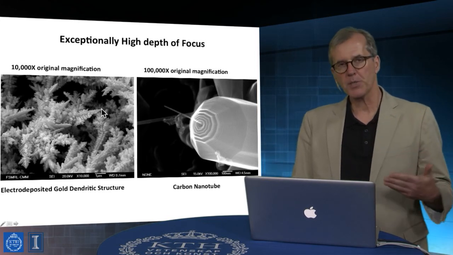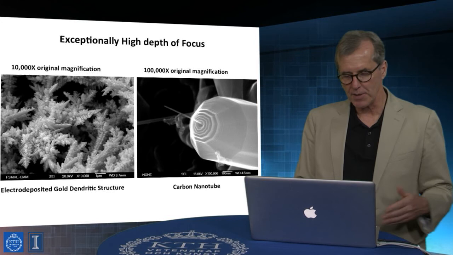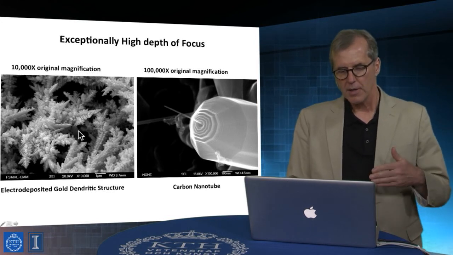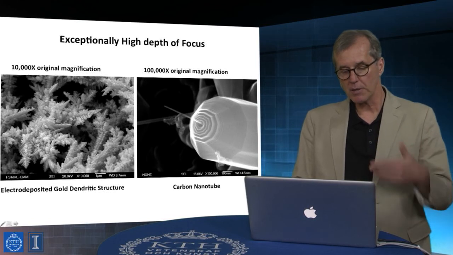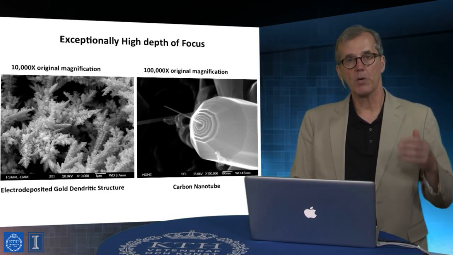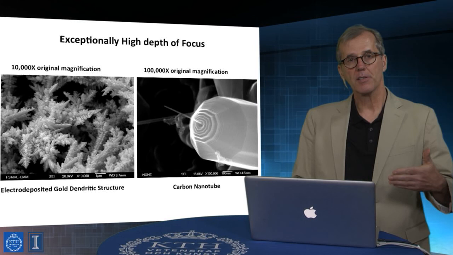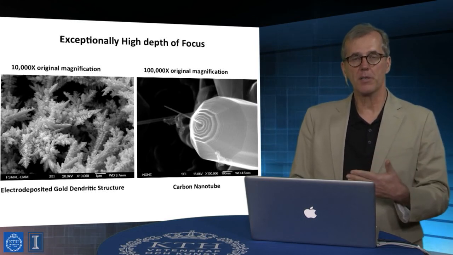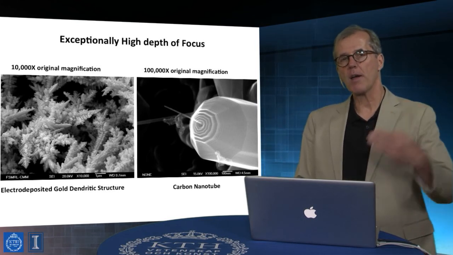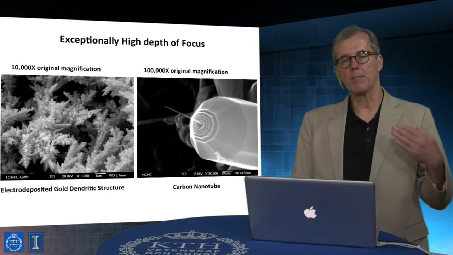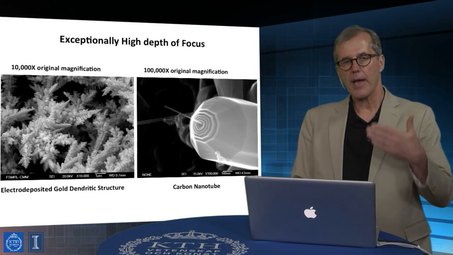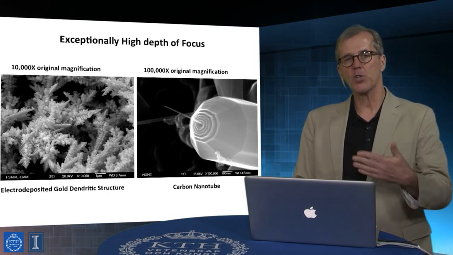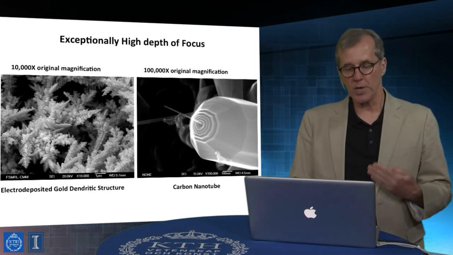I don't know this explicitly, but I'm going to guess, because this is something I know a little bit about, this is probably gold that's been deposited electrochemically at a deposition rate which is fast, basically you're driving it at a potential that would make the deposition go extremely rapidly. So it's actually occurring at a deposition rate which is limited by mass transfer.